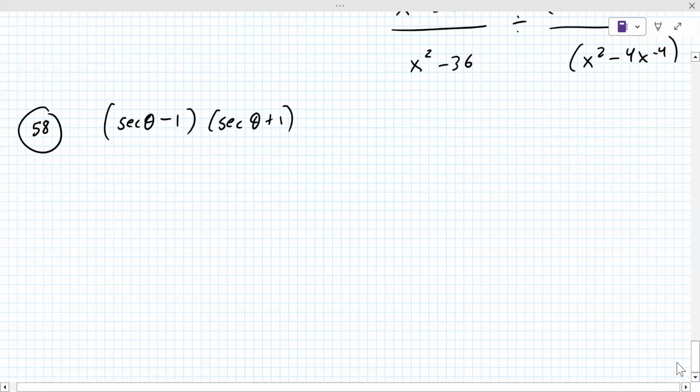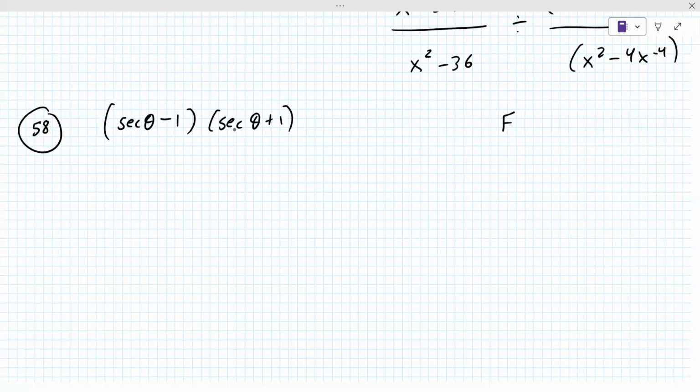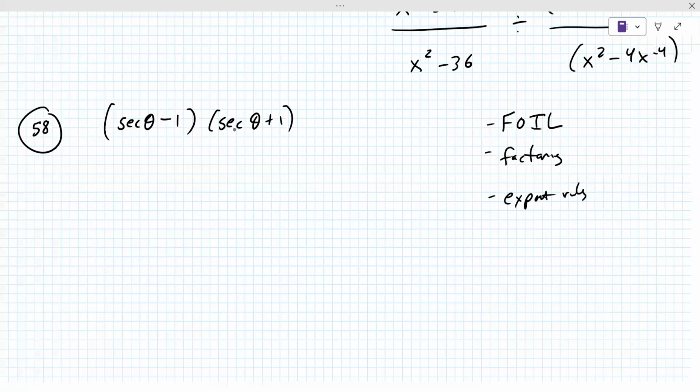Like I said, if you go by all the stuff I said today, you'd change secant theta into 1 over cosine. While that's true, sometimes you want to do some other things. Some other things that you might have at your disposal are FOIL and factoring. We'll get to some others, like exponent rules. There's a lot of other things in play here.